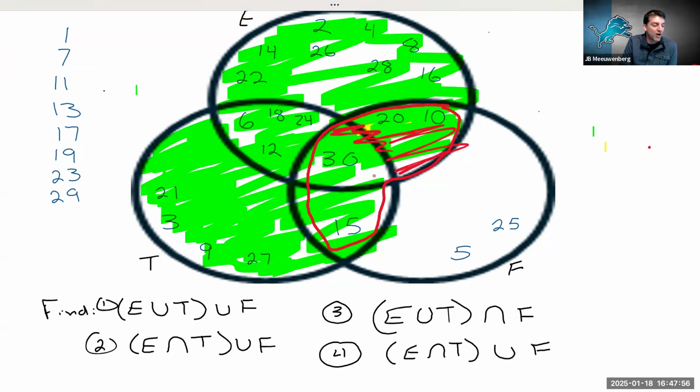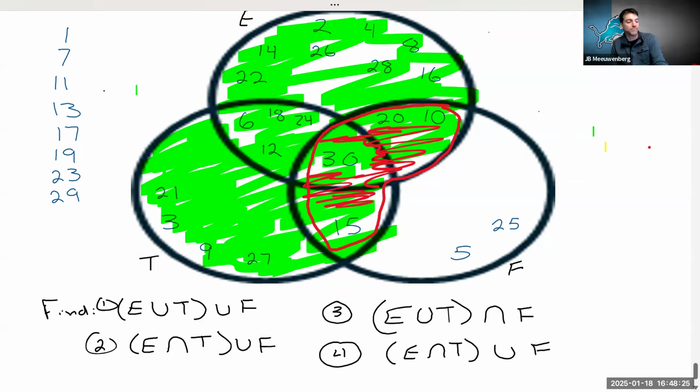This section right here, shaded in orange, would be E union T intersect F. We started with E union T, the green shaded area, and then we said, where does that intersect with the ones in F? So that would only be 10, 15, 20, and 30, right? Those would be the numbers in this set right here, 10, 15, 20, and 30.